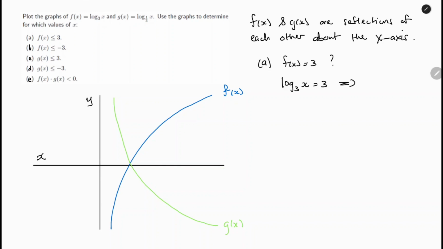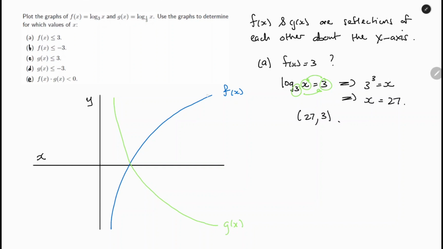That implies that by the definition of logs, 3 to the power of 3 must equal x. So 3 to the power of 3 is 27. We have the point on the graph of f of x, 27, 3.